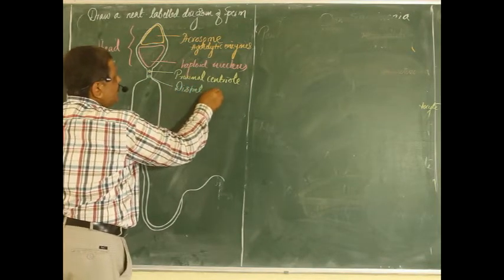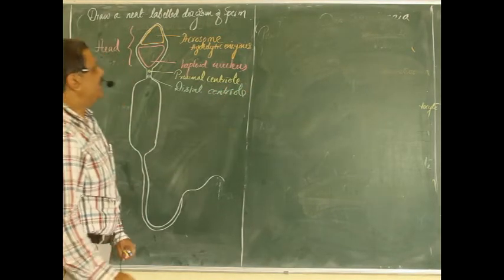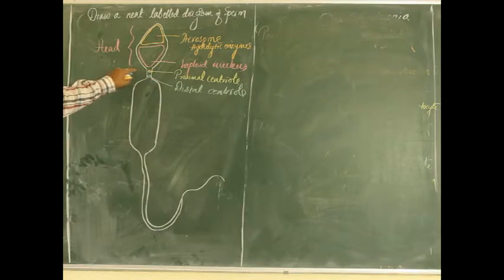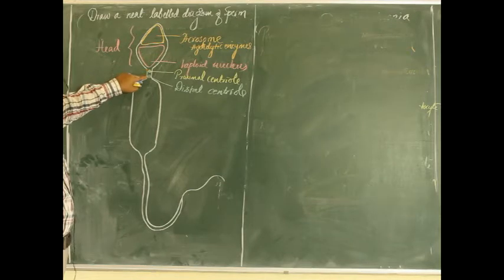There are two centrioles which are found in the neck region. They are called proximal centriole and distal centriole.